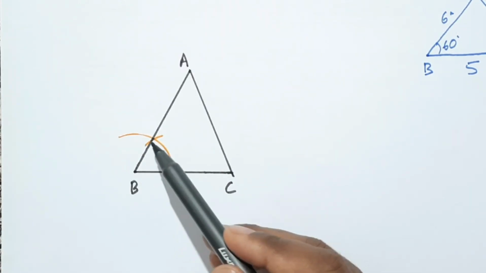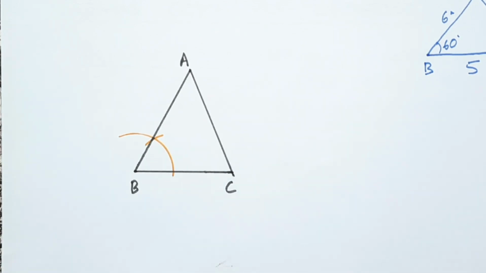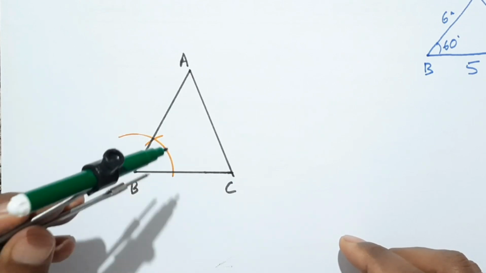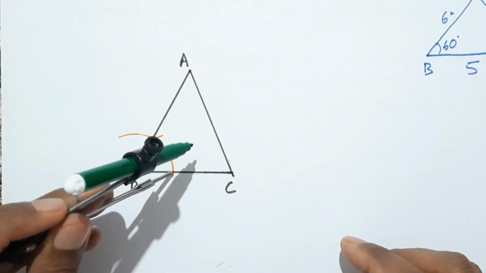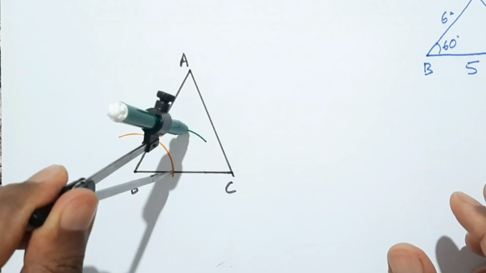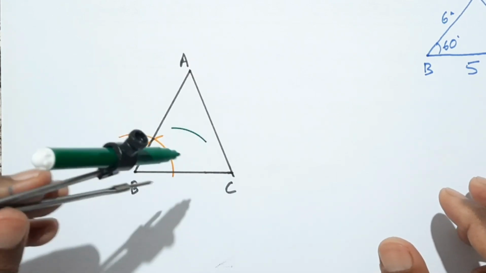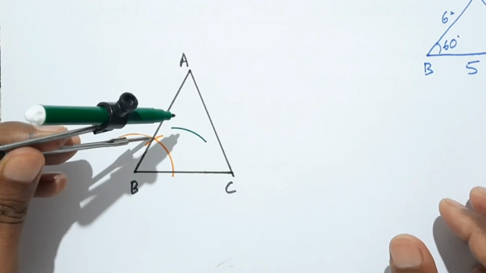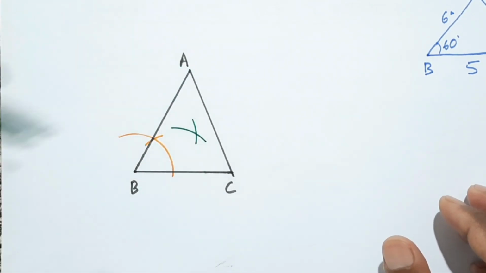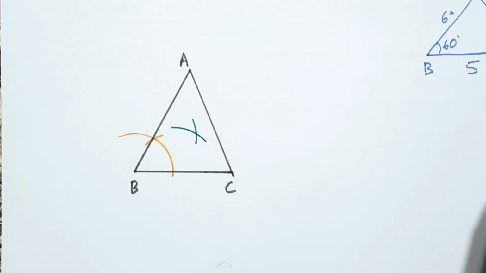The first arc is already there, so we'll use that arc only. We are not going to draw another arc. So first we'll make an arc from the first intersection and then another arc to cut this arc from here. Okay, so this is our angular bisector.